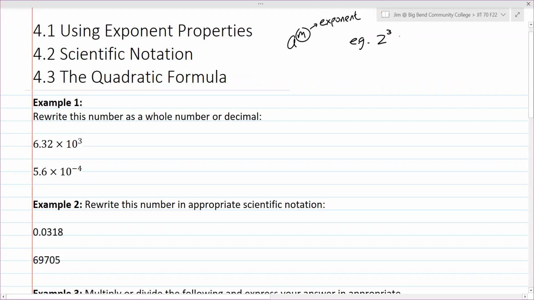The power of 3 tells you that we are multiplying the number 2 by itself 3 times. That means you get 2 times 2 times 2 equals 8. So that's why 2 to the 3 equals 8 instead of 6. You can't assume that you're multiplying 2 by 3. That's not how the exponent works.